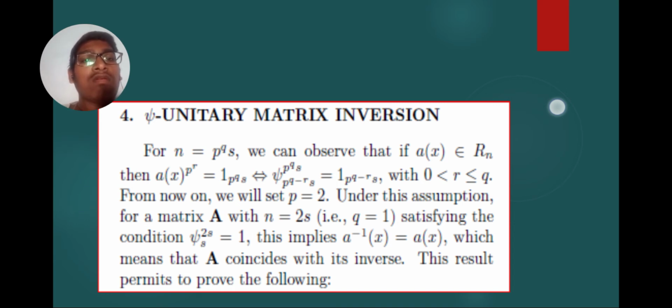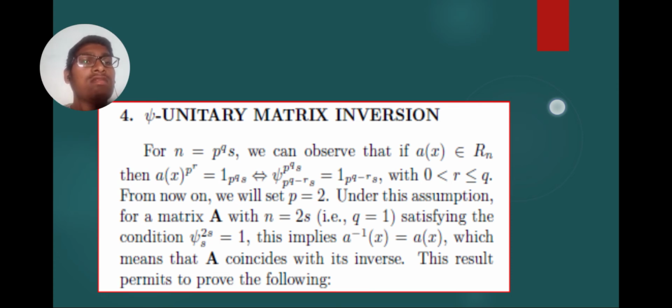From now on we will set p equals 2 under the assumption, for a matrix A with n equals 2s, that is q equals 1, satisfying the condition equals 1.